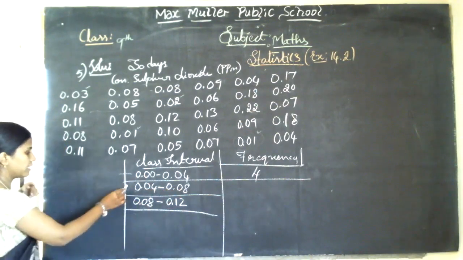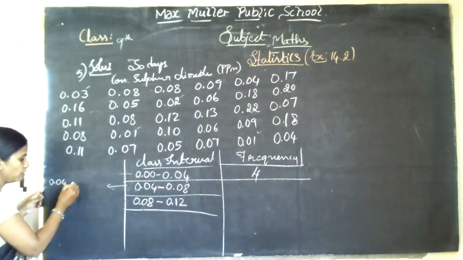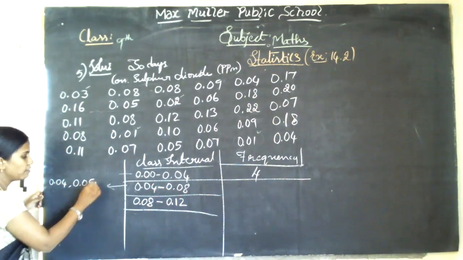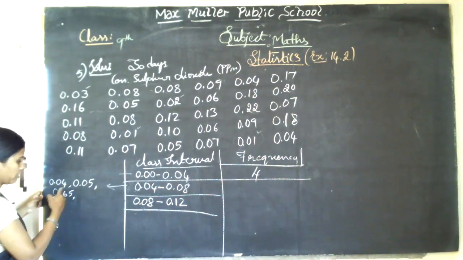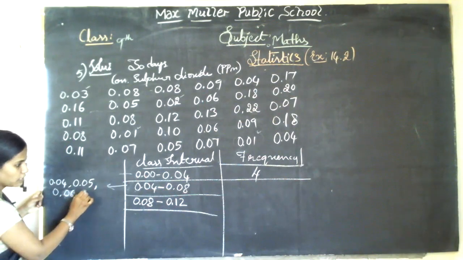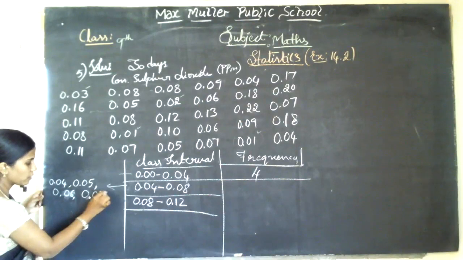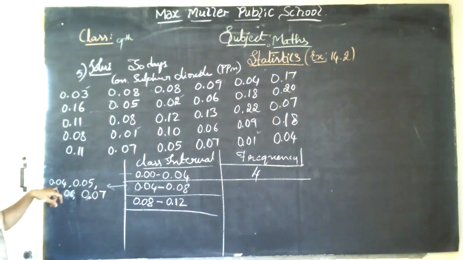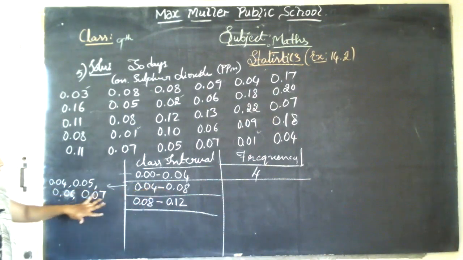So what are the numbers you have to take? 0.04, 0.05, 0.06, 0.07. So how many numbers are there? 0.08 is not included as I told.